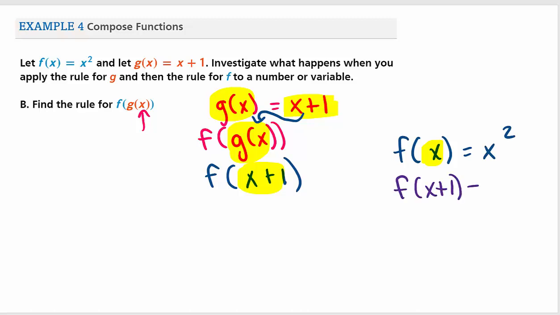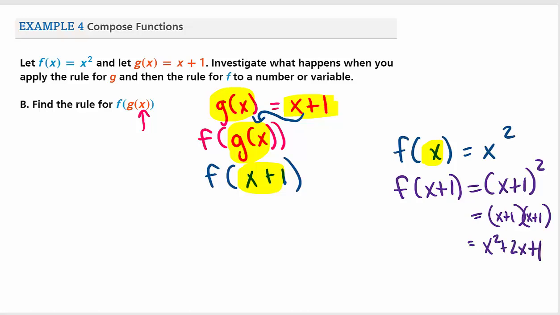Whatever we do on one side of the equation, we have to do on the other side. We simplify by foiling, and we get x squared plus 2x plus 1.